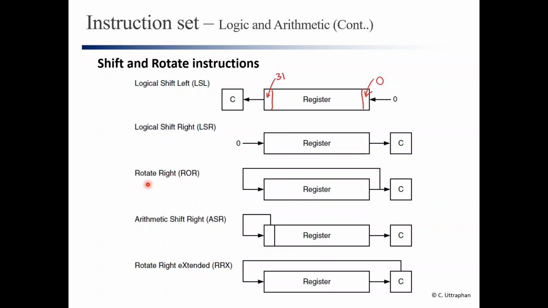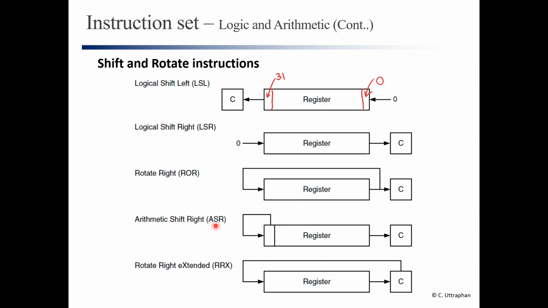For the rotate right or ROR, the operation is similar to the logical shift right, except that the bit that is shifted out from the LSB will be moved back to the MSB or bit 31. Note that the bit that is shifted out is also copied to the carry flag.